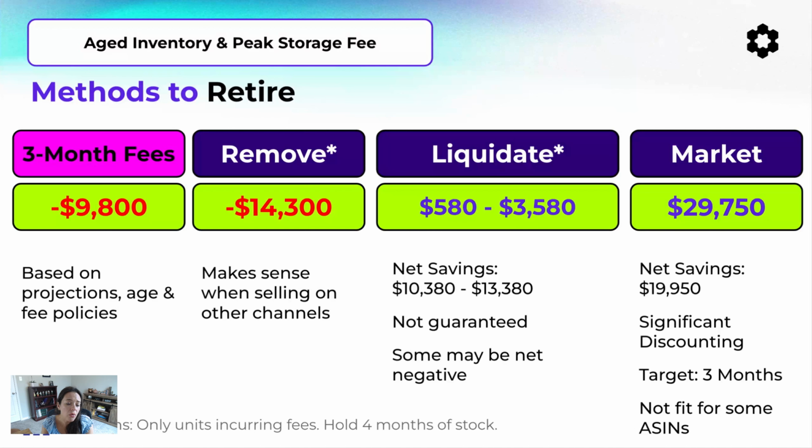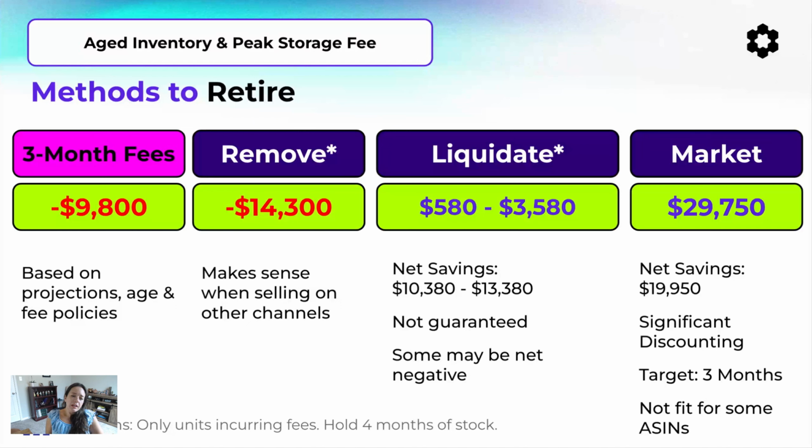Also, if you're going to keep selling it on Amazon, you want to keep about 4 months of stock still inside of FBA, because Amazon's not going to let you send inventory for the next 90 days after you remove that inventory. And that's for removals and for liquidations. That's why we have these asterisks here. It's important to understand that if you're going to keep selling on Amazon, you do want to hold 4 months worth of stock.